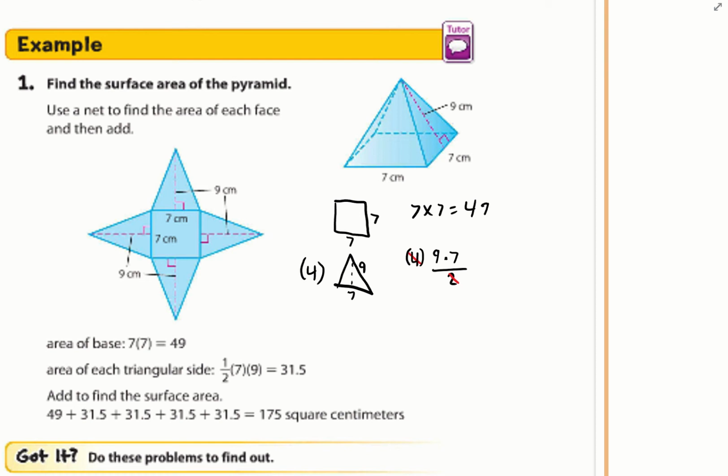Those will always simplify. So I have 2 times 9 times 7, and that's going to be 126. I take 126 plus 49 and I get 175 centimeters squared.